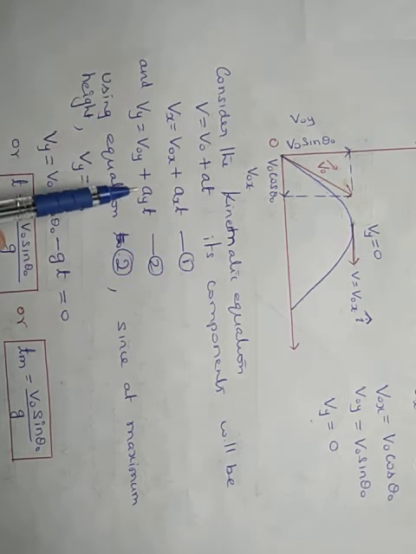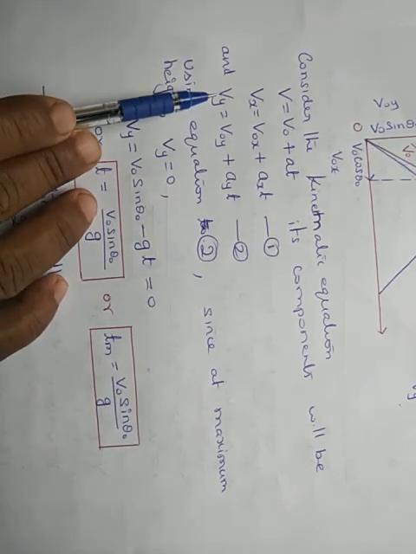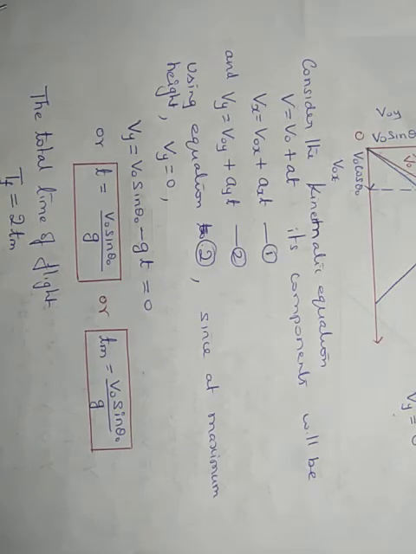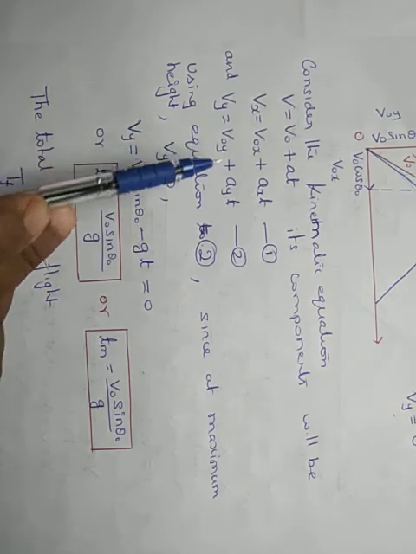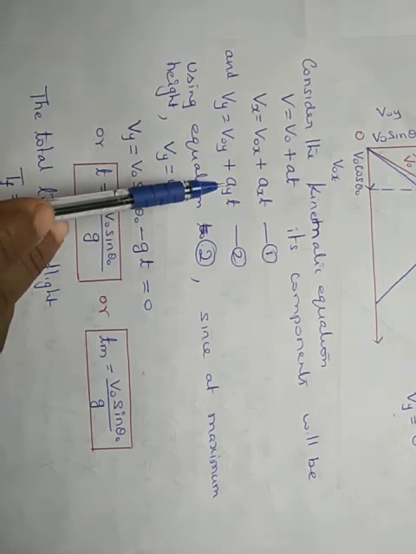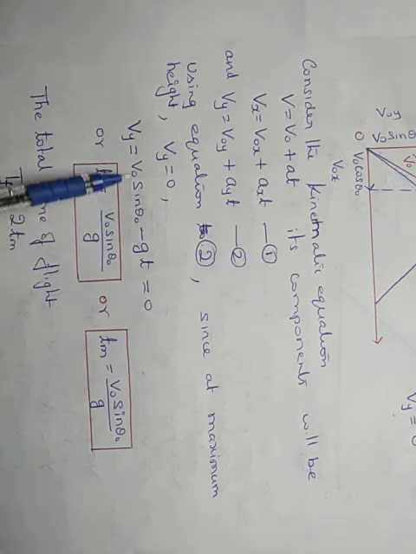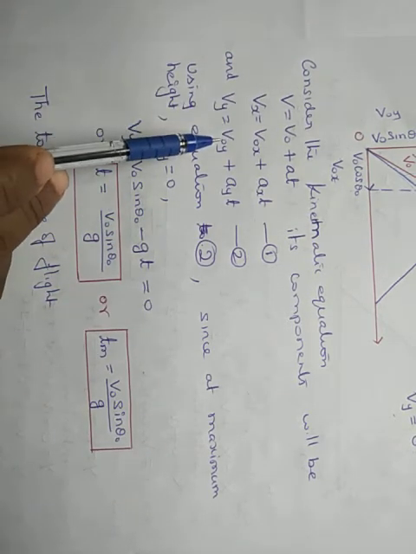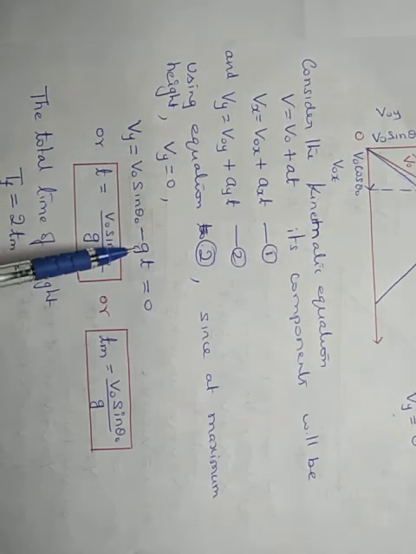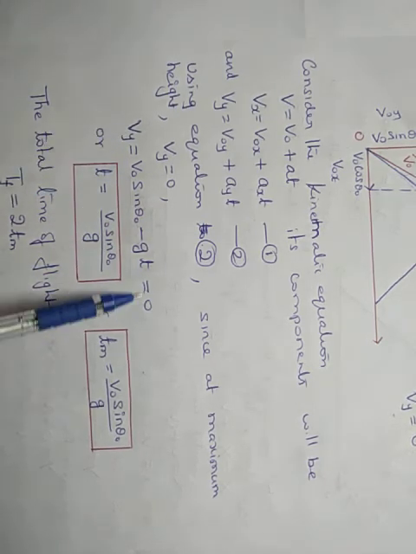Using it, what is Vy? Already we know it is 0. What is V naught y? That is V naught sin theta naught. What is Ay? That is minus g. So, 0 equal to V naught sin theta naught minus g into t.